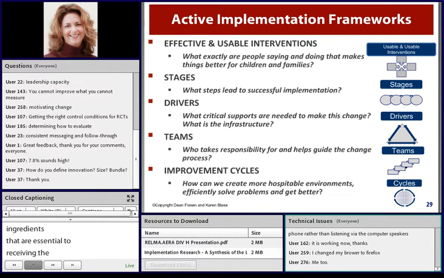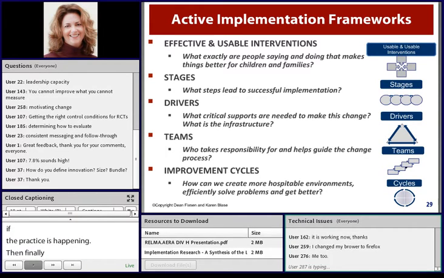They also have to be defined or operationalized. What exactly are practitioners, teachers, adults saying and doing that we can readily see if the practice is happening. And then finally, we have to have a fidelity assessment. So in the end, our usable innovation is teachable, learnable, doable, and can be readily assessed in practice.